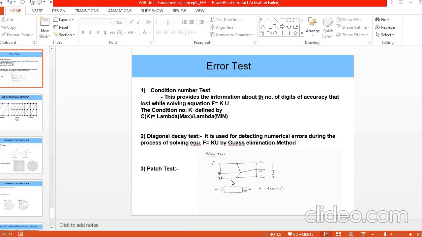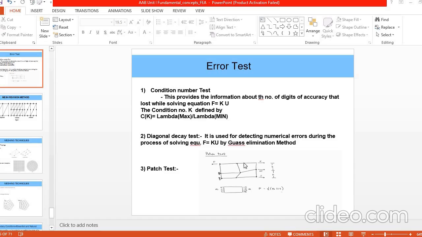Apply work equivalent nodal loads consistent with a state of constant stress to one or more boundaries of the patch. Suppose at node 1 force F acts in one direction and F acts in the opposite direction. Similarly for node 2 and for node 3, the same force.